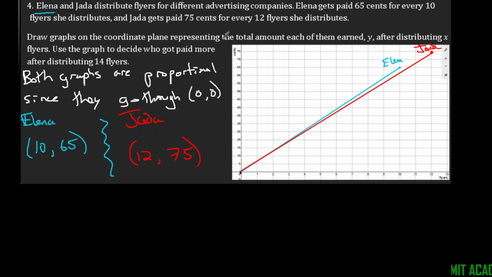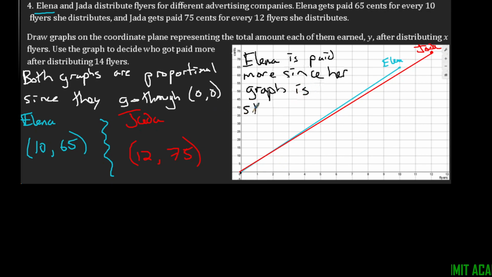So I'm going to say Elena is paid more since her graph is steeper than Jada's. Since she has a steeper slope, she'll actually get paid more per flyer.